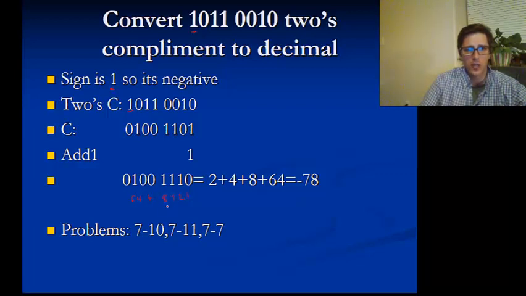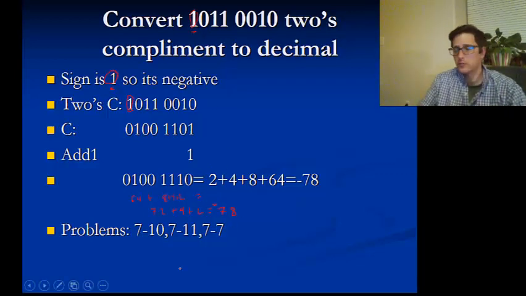So if we add them all up, we're not going to have a 1 because this is a 0 right here. So this is 0. So don't add that term. So it should be 64 plus 8 plus 4 plus 2. And so when we get that, we get 78. And it's a negative sign because we had a 1 right here. A 1 right there means that it's negative.